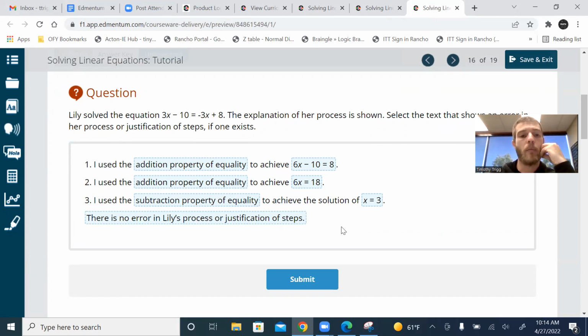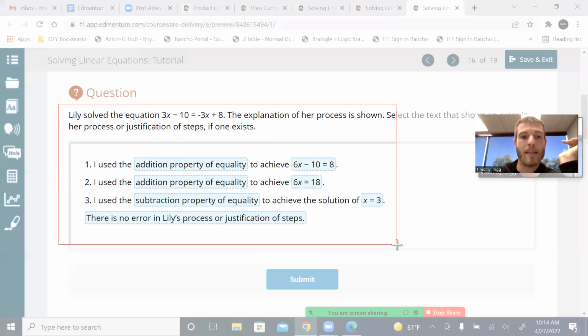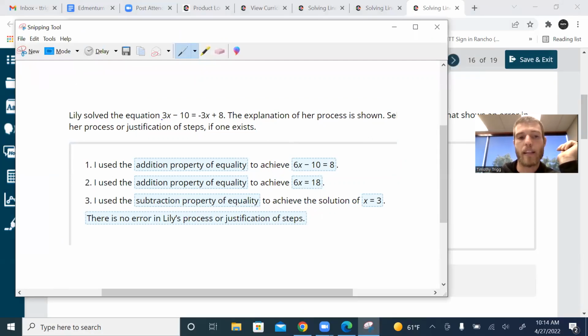So let's see what we would do first. The one thing I want you to notice about this equation is it's a little different than what we've done before. The main thing that makes it different is that there are x's on both sides of the equal sign. Here's the equal sign. You have a 3x on the left and a -3x on the right. We haven't done one like this yet, but it's not really that big of a deal.